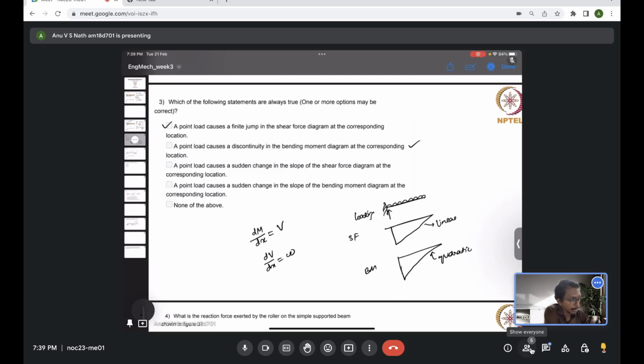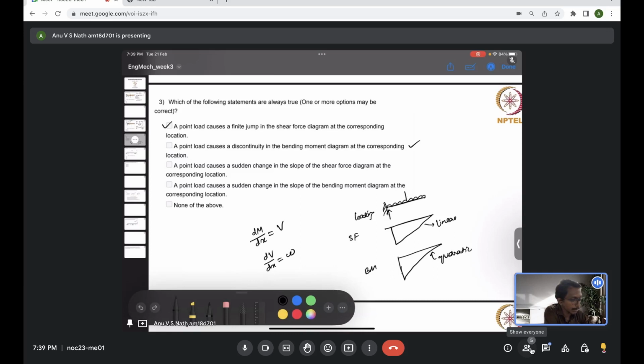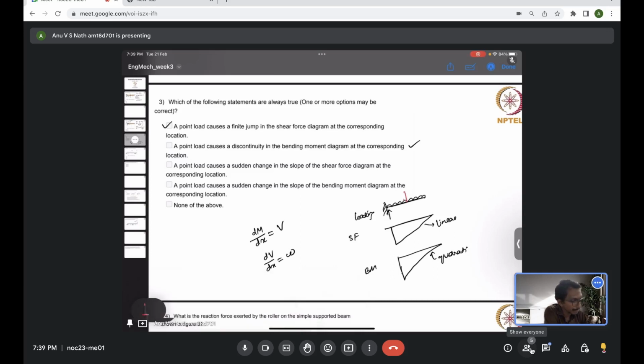Let's say there is a point force acting at this particular location in this loading. We are expected to have a shift in the shear force diagram like this, but that will not change the slope in the bending moment diagram.